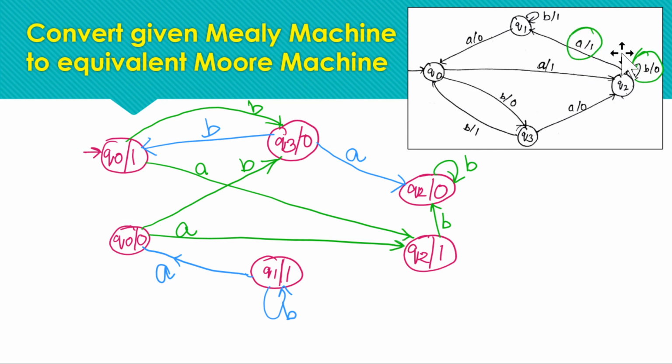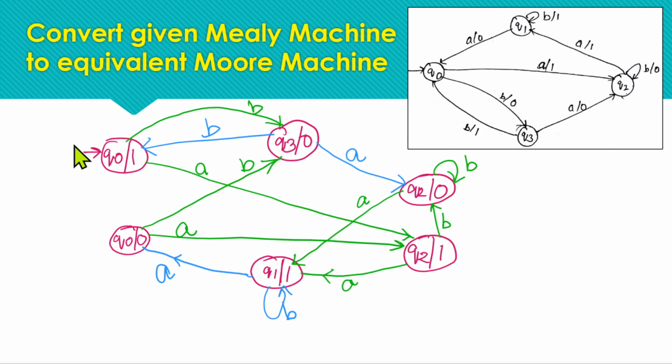So corresponding to this transition, we will be having two transitions in the resulting Moore machine, and we will be moving from both of the Q2 to Q1 for input symbol A. So this is for A and also this is for A, okay, and this is our complete transition diagram of the equivalent Moore machine, right? So this is our complete transition diagram, or conversion, of the given Mealy machine to the equivalent Moore machine.